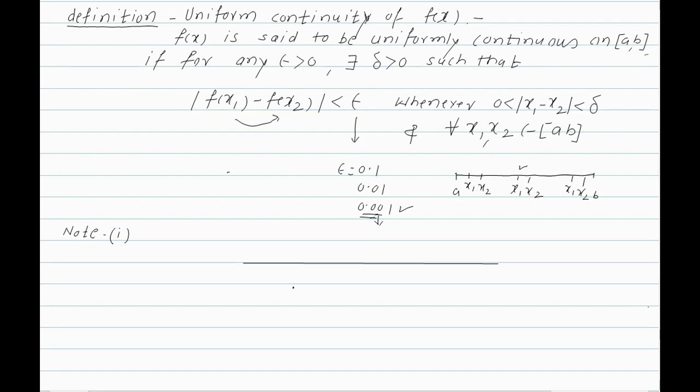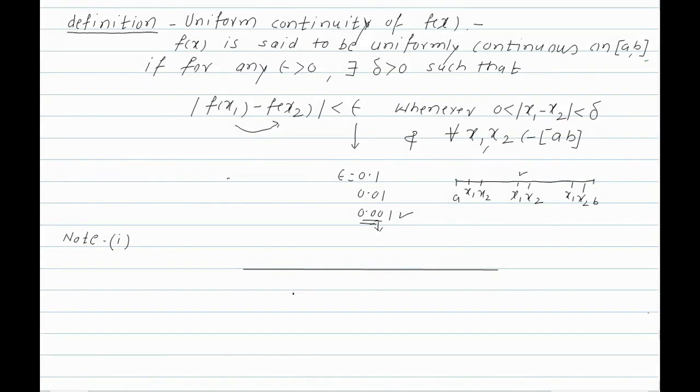A note on uniform continuity. Suppose this is a number A, this is a number B. So what we learn in the definition of uniform continuity, whenever difference between x1 and x2 is less than delta, difference between values of the function at these 2 points x1 and x2 is less than epsilon, and epsilon is a small number of our choice.